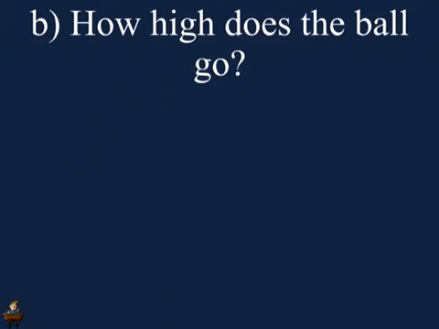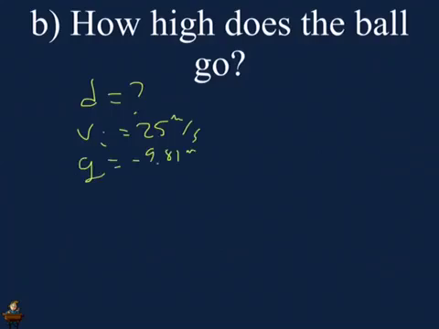Next, we want to figure out how high the ball goes. To get the vertical height of the ball, we are going to have to solve for d in the vertical direction, of course. So we need to think again about what we know. Well, we have the same givens we had before. V initial is 25 meters per second. Acceleration is negative 9.81 meters per second squared.